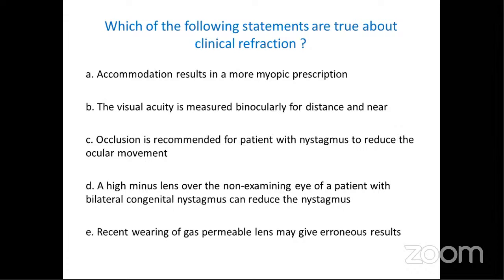I told you at that time also there are two types of vision, the firm vision and the light vision. If you get some light vision in the other eye, the abnormal head posture decreases. If the abnormal head posture decreases, the visual acuity will be better. So you have to use a plus lens in front of the other eye.